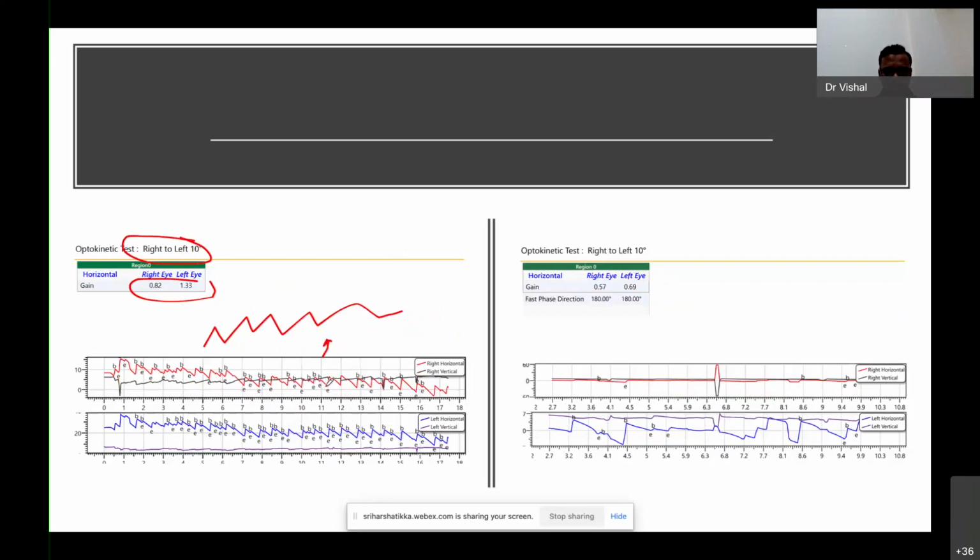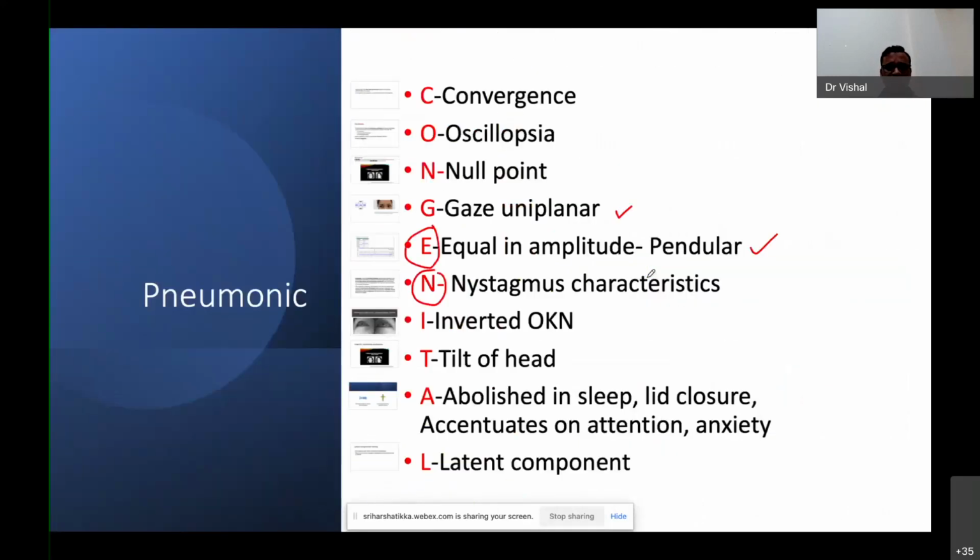You can see the right beating nystagmus, and this patient had right beating, but the gain was very less as compared to the normal optokinetic nystagmus. So it's not that it should always be reversed. There can be a reduction in the gain. That's what I have found, in only two patients. In one patient there was reversal, and one patient had reduction in the gain.